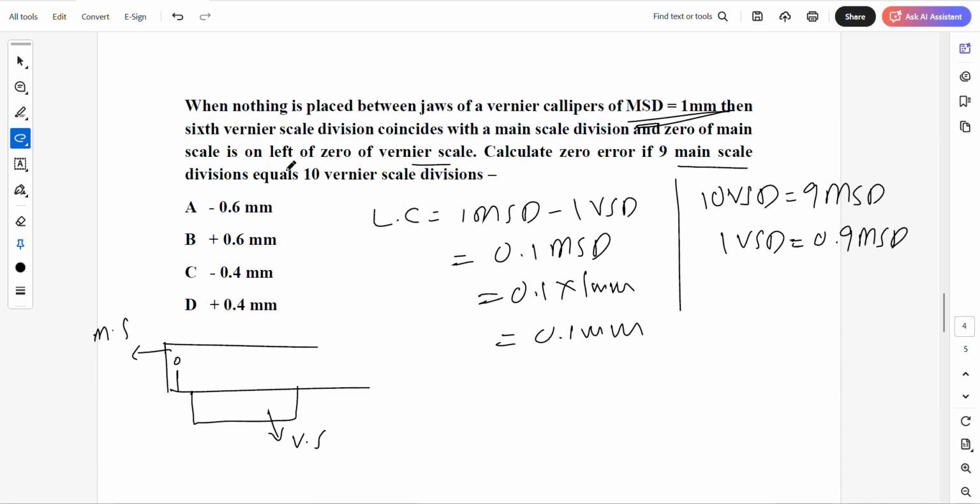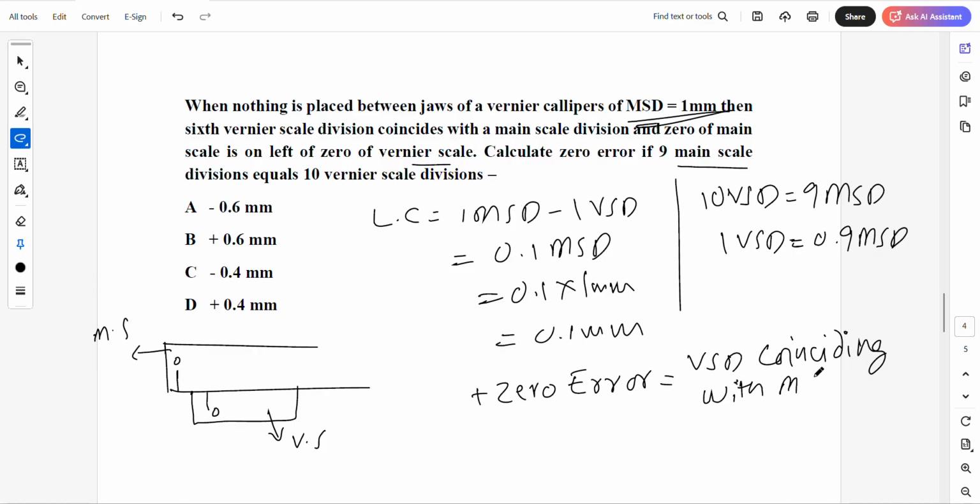Now 0 of main scale, see, this is 0 of main scale. Understood? 0 of main scale at the left of 0 of vernier. This is 0 of vernier scale. This is a positive zero error. What is the formula for positive zero error? That is equal to VSD coinciding with main scale division into least count.